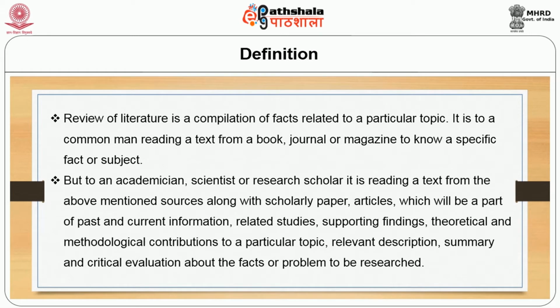But to an academician, scientist or research scholar, it is reading a text from the above mentioned sources along with scholarly papers, articles which will be a part of the past and current information, related studies, supporting findings, theoretical and methodological contributions to a particular topic, relevant descriptions, summary and critical evaluation about the fact or problem to which he is to research.